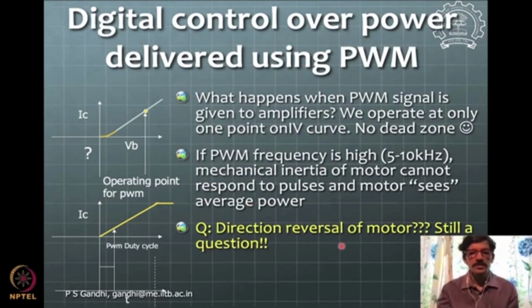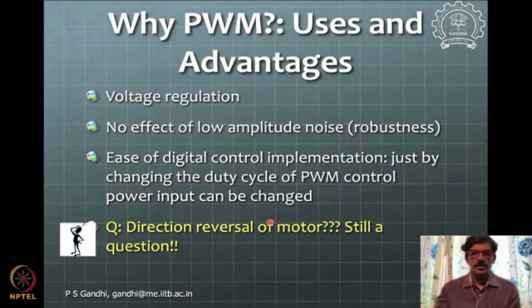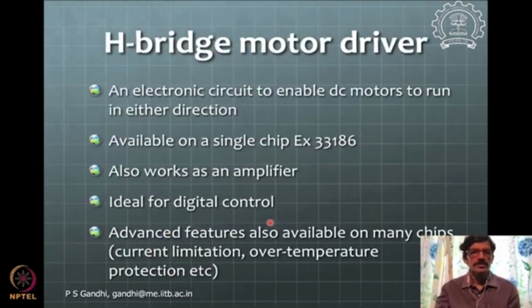We use the H-bridge circuitry to do this. Some of you might have already used this in programming your hobby motors or something like that. So these are the advantages that are listed for the PWM. Then, how do we reverse the direction is using this H-bridge.